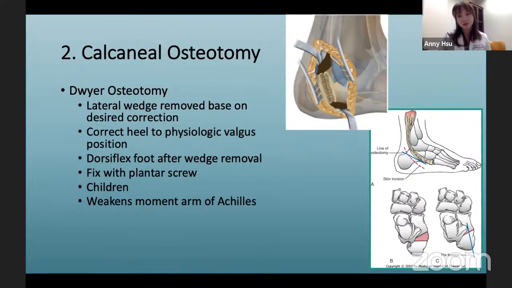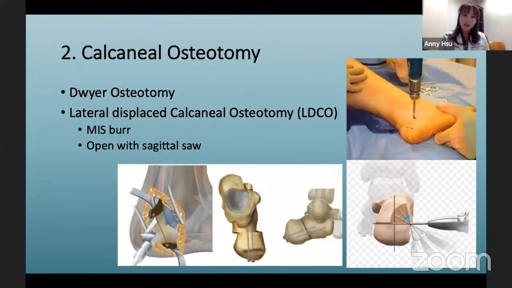This is widely done in children, but in recent years has not been so popular for adult foot and ankle surgeons, primarily because this weakens the moment arm of the Achilles, and adults do not accommodate for this change as easily as children do. So the preferred calcaneal osteotomy, at least for me, is a lateral displacement calcaneal osteotomy.